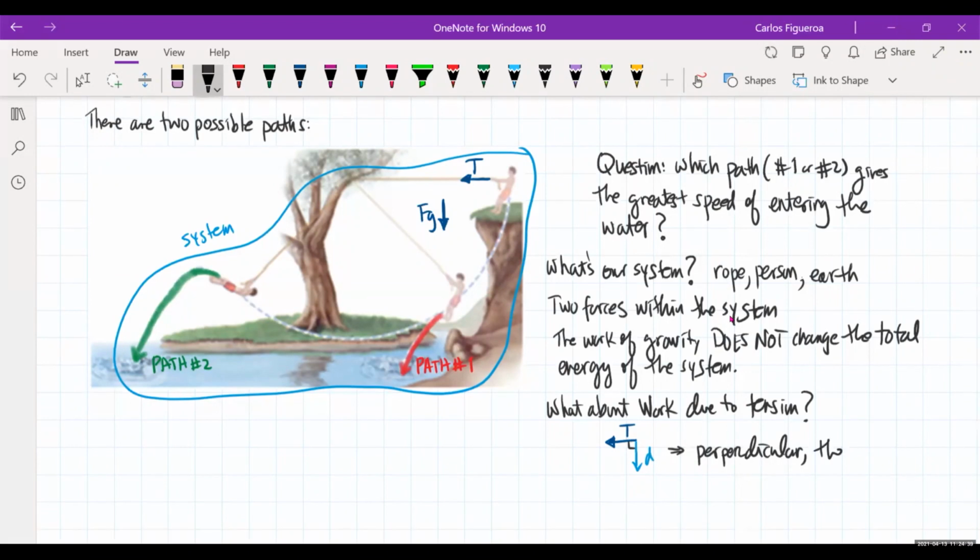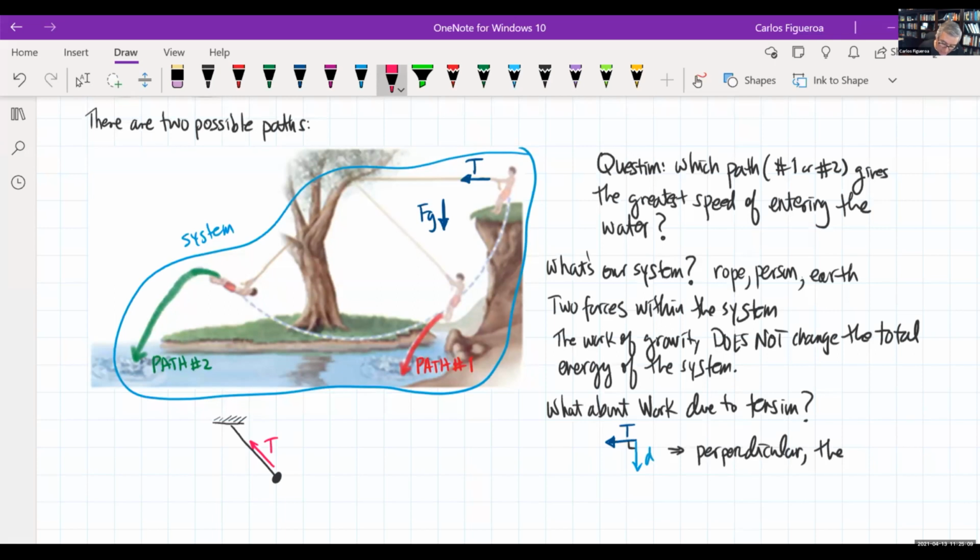Wait, Carlos, why is it perpendicular? Because if you look at the direction of the velocity, so let's look at this example here. Imagine that we have a string right here, and this string is moving like this. When I look at the tension here, the tension will be in this direction.